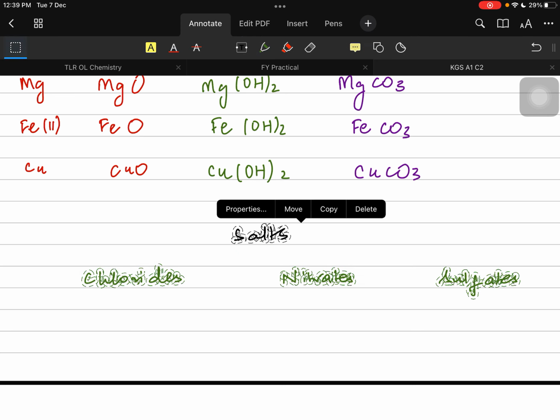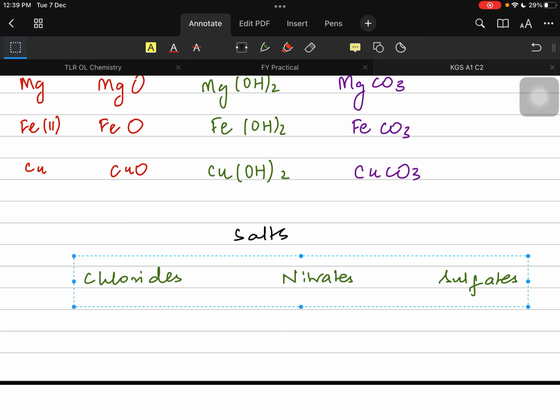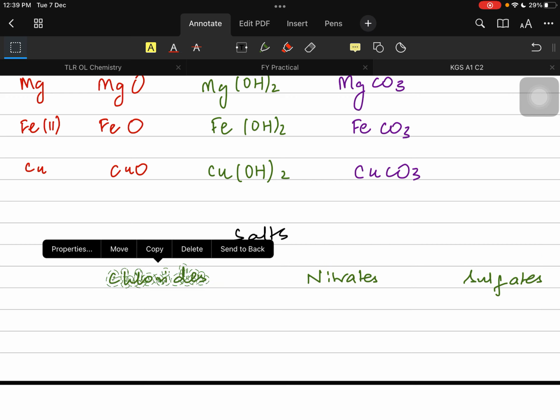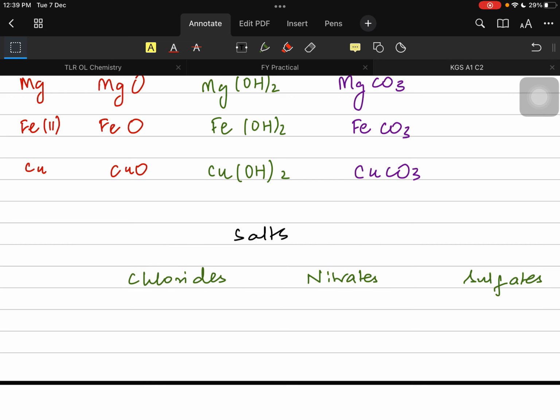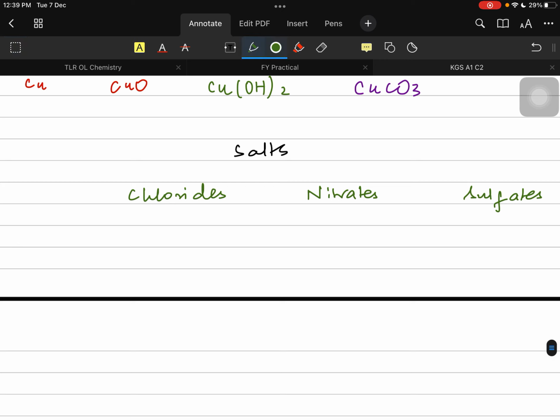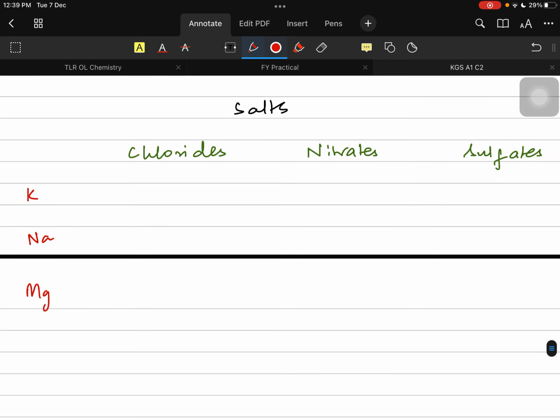Let's move it a little over here so that we have enough space for the other definitions to hop in. For example, I'm using the same metals. I'm talking about potassium, then sodium, magnesium, let's suppose iron, and then let's suppose copper. So they're gonna be like potassium chloride, sodium chloride, magnesium chloride, for example iron chloride, and let's suppose copper chloride.